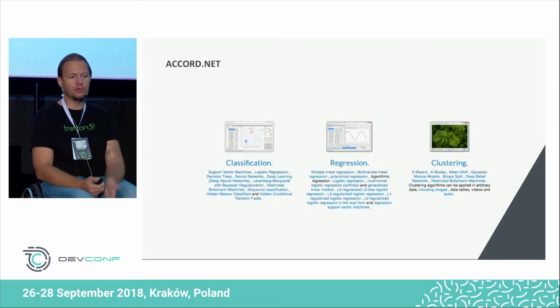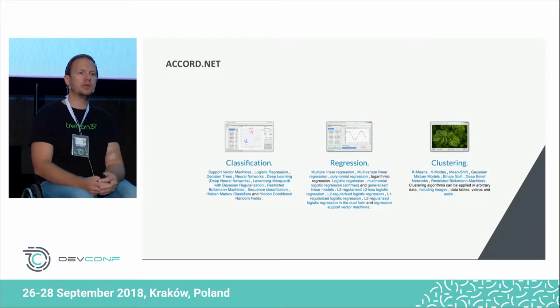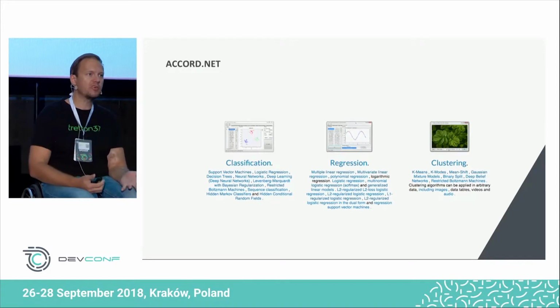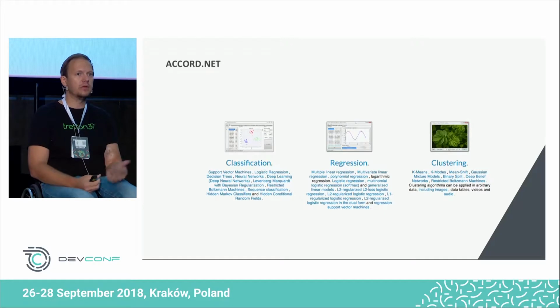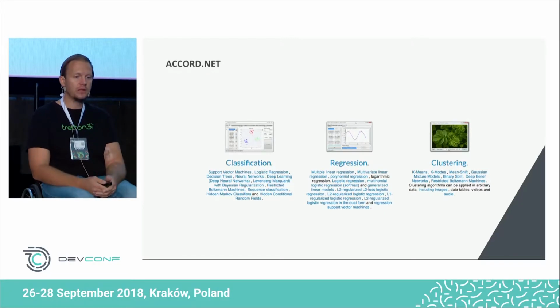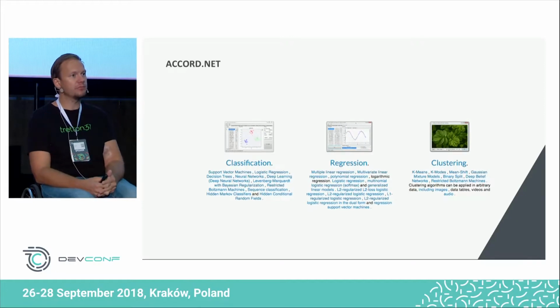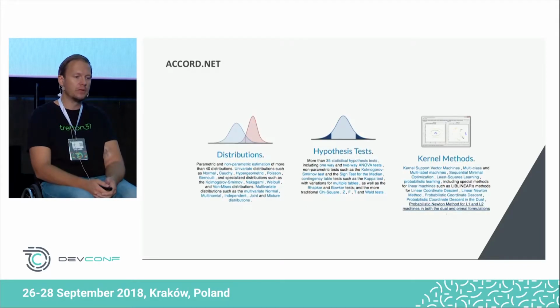So the things it can do, for example, it can do classification, which is the type of problem where you say, is this a cat or a dog or something else? Or regression, which is inferring new data based on data you already have in your knowledge. So for example, predicting prices of real estate. Clustering is finding similar points of data. So for example, if you have an online store selling some stuff, you can find similar customers and then target some marketing towards them and so on.